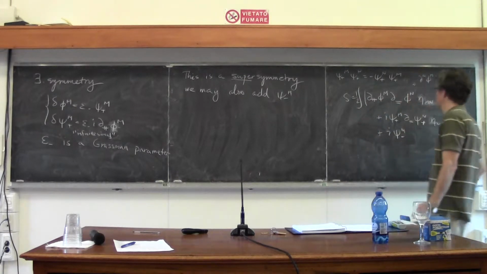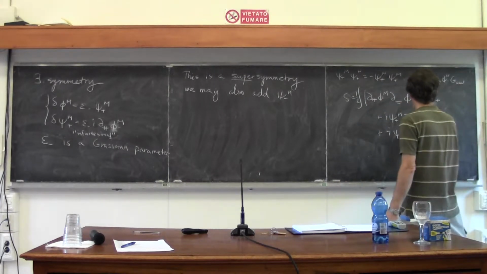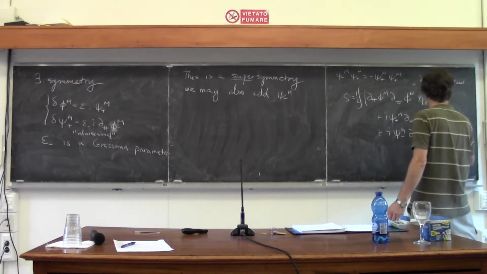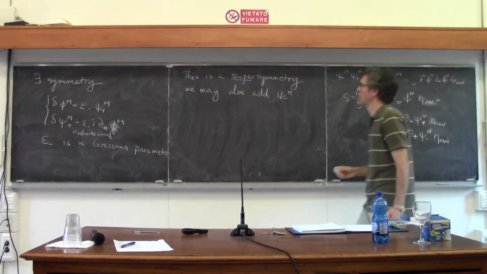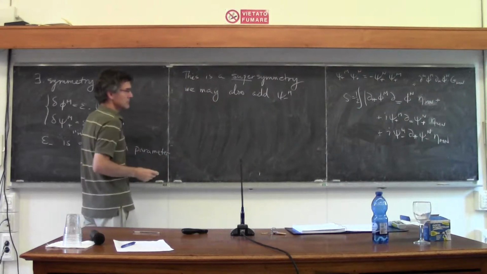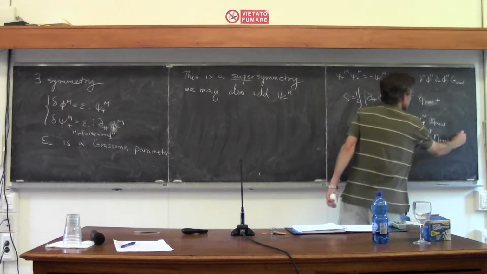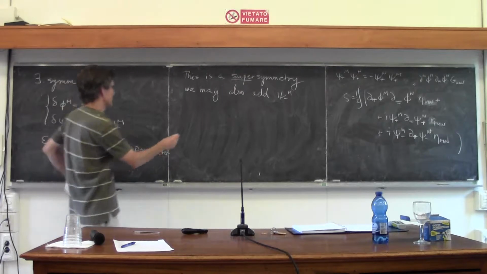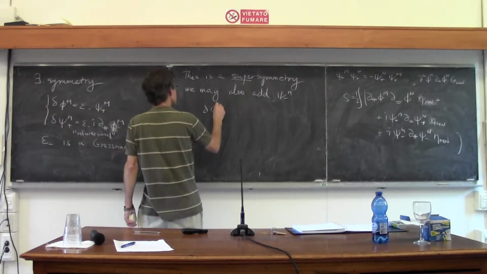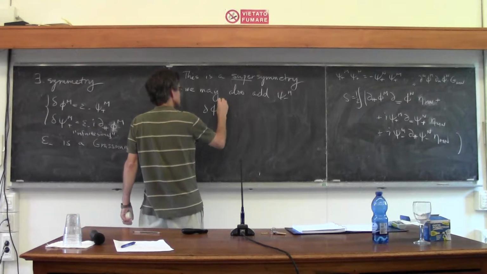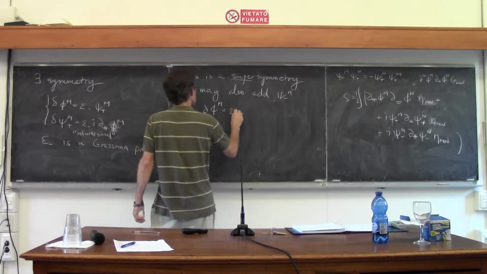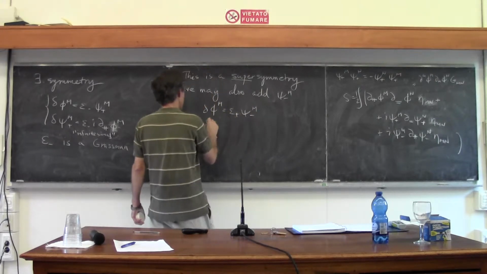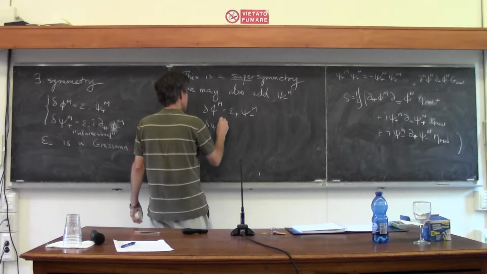We can add fermions transforming in the other spin bundle also. And again, they will have a completely analogous transformation, but now with the plus fermions replaced by minus fermions.